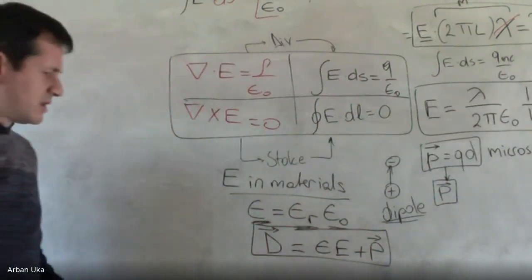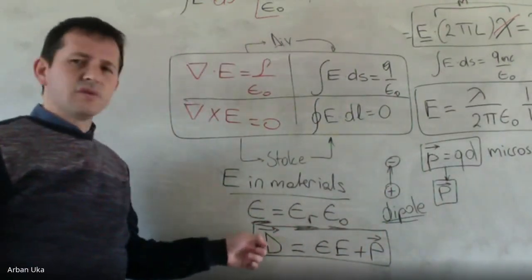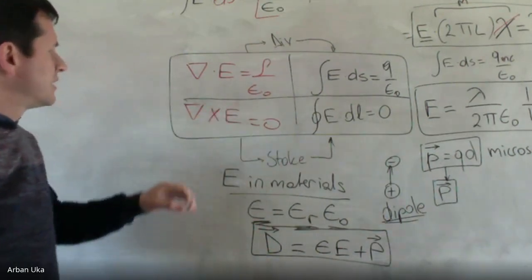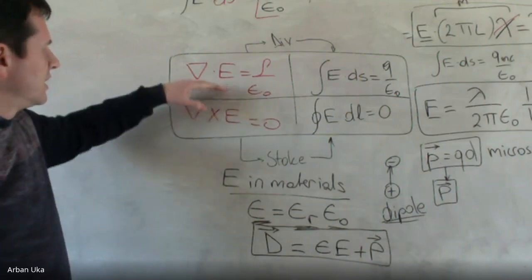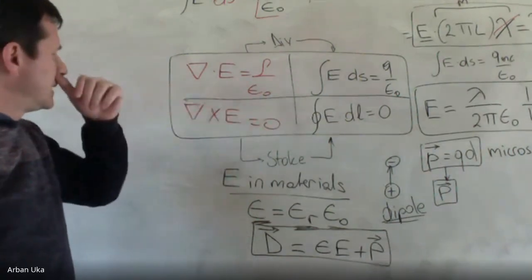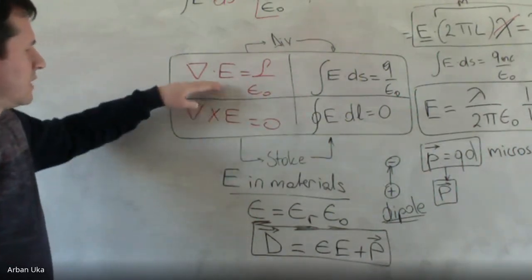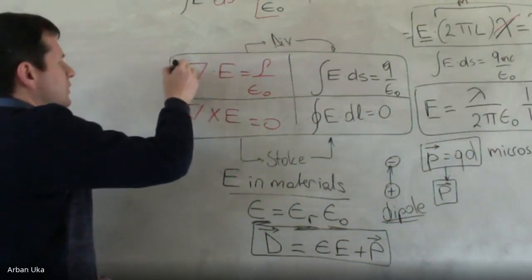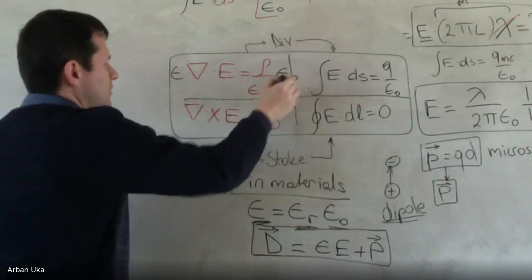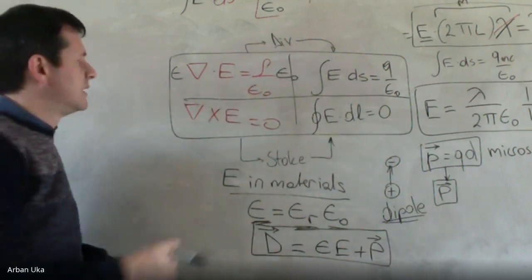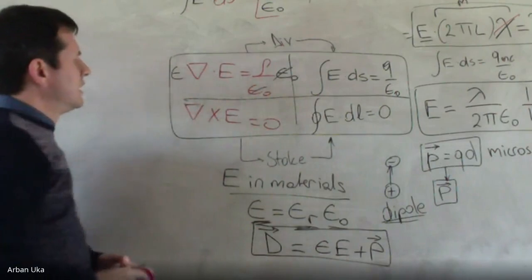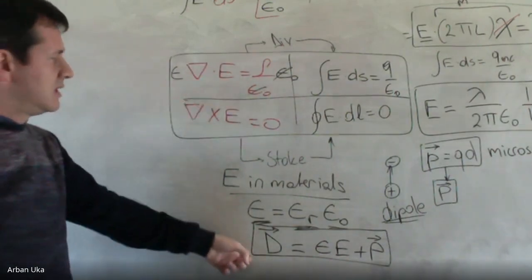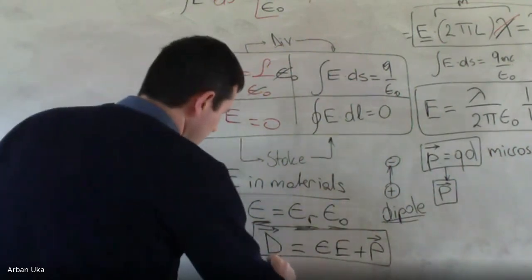And then, of course, this D is also a vector. This also behaves according to many of these laws. But if you look at a similarity between these two, some of you might observe that if we multiply both sides of the equation by the permittivity, this might cancel out, and probably you might be expecting that the divergence of D is just equal to rho. Okay?